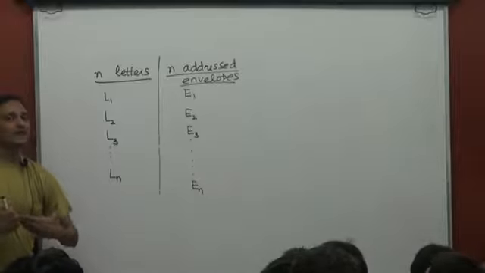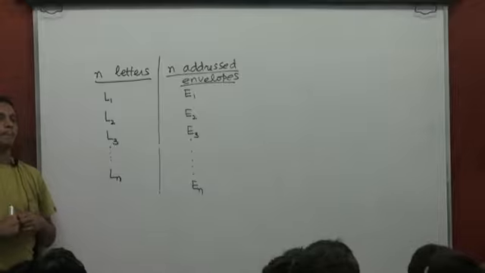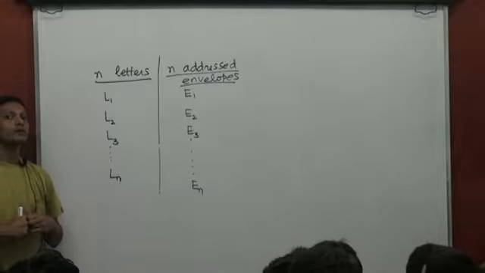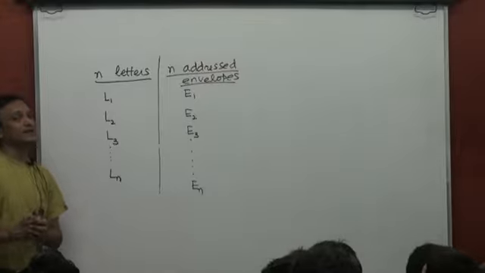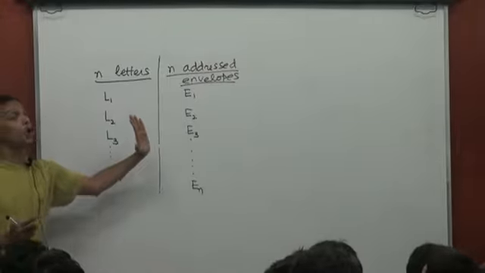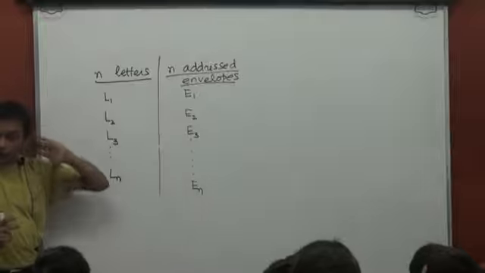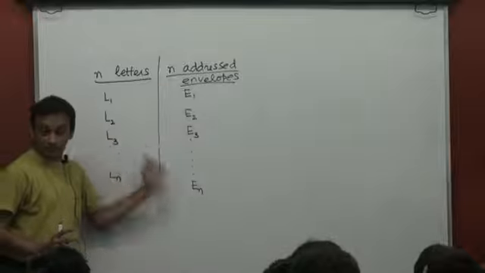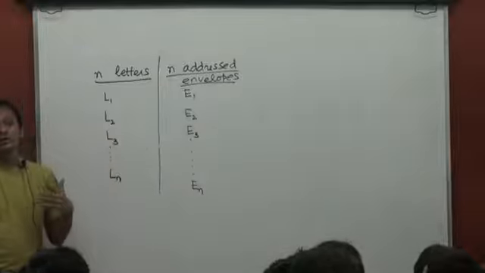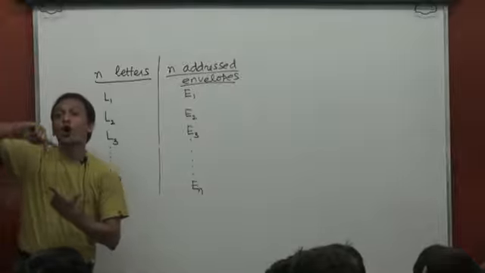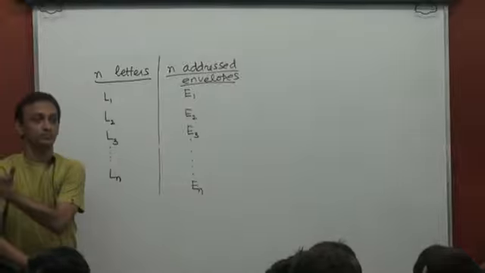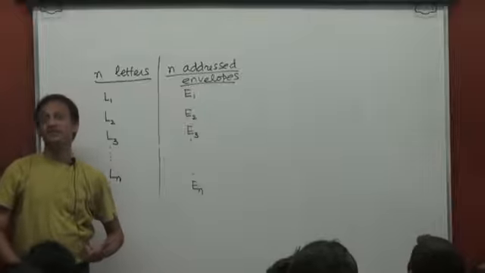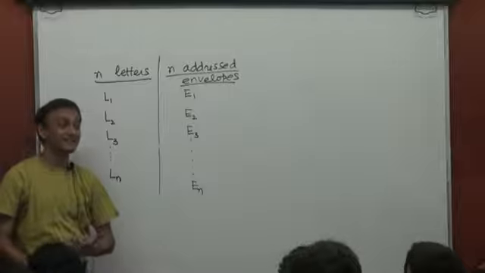In how many ways can I designate letters to envelopes, different letters to different envelopes in general, such that no goddamn letter gets into the right envelope? Evil thought, right?